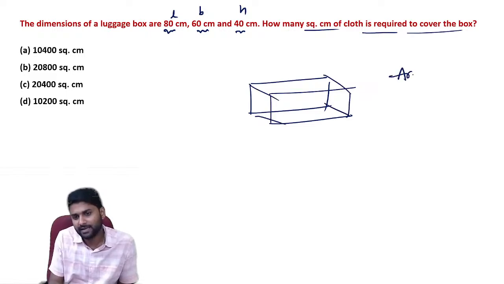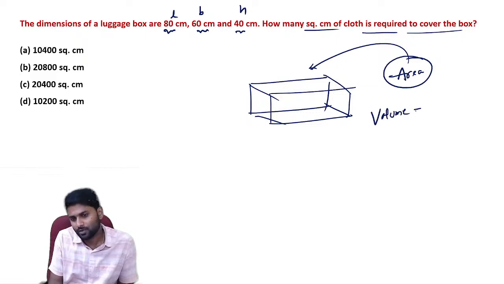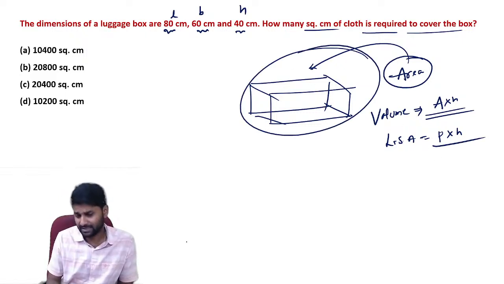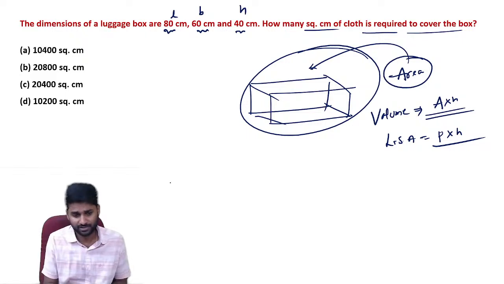The area of a two-dimensional object is length into breadth. Volume is the area multiplied by the height. In the same way, lateral surface area is perimeter into height. But we want to cover the entire box, so you have to calculate the total surface area.